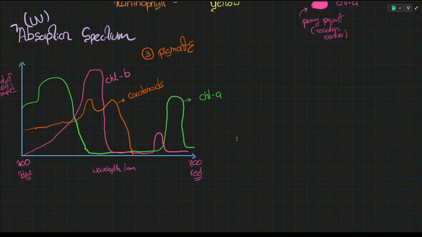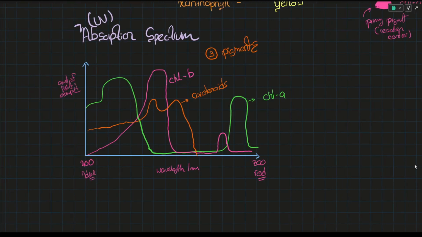So if this is provided to you, you have to tell. Now let's go through it a little bit. Chlorophyll A is really good at absorbing light in the bluish violet region. And chlorophyll A is also good at absorbing red light. Now, carotenoids have no ability to absorb red light.